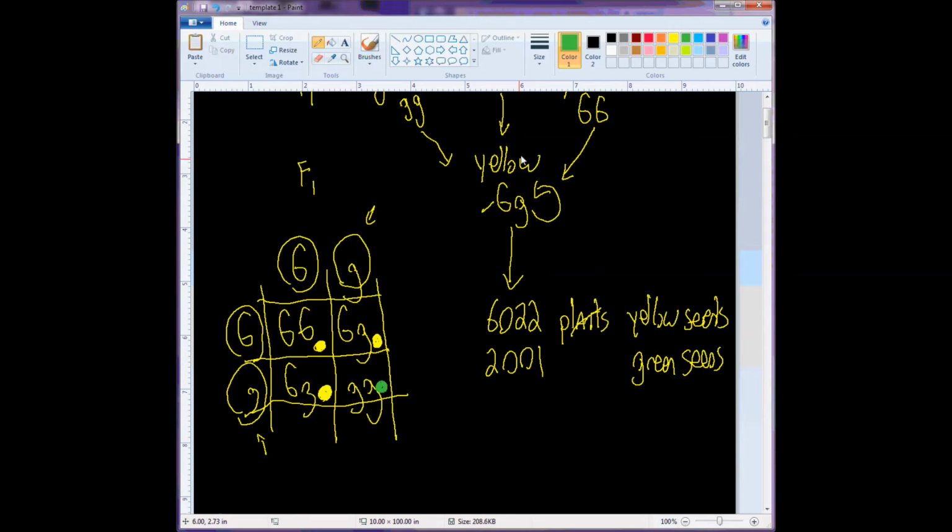Okay, perfect. So that's what we expect, and I think that's kind of what we see here, right? So it's approximately 8,000 total. 6,000 or 3/4 of those are yellow, and 1/4 are green. Perfect. I like drawing the seeds.